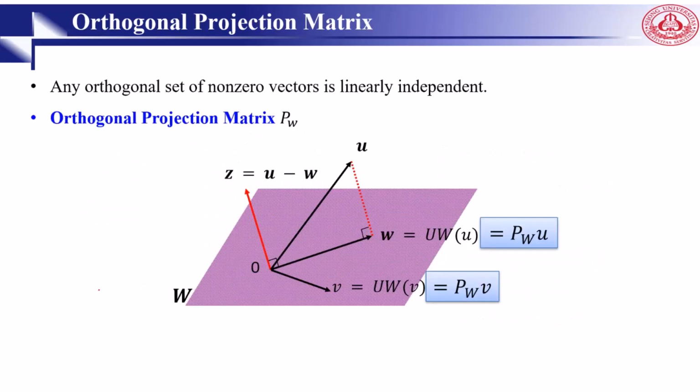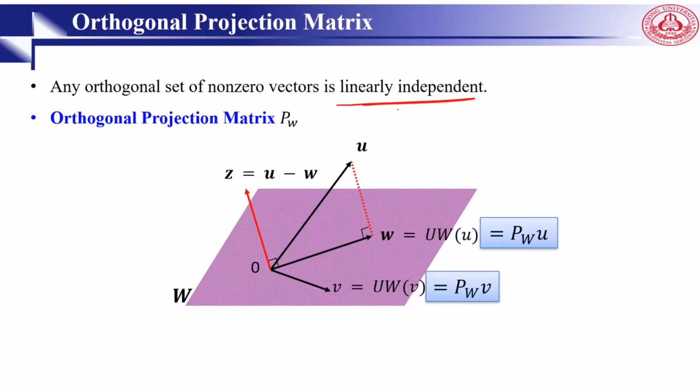Any orthogonal set of non-zero vectors is linearly independent. This means that if we have a set of vectors and each vector in the set is orthogonal to every other vector, then the set is guaranteed to be linearly independent. This is the conclusion. The proof is based on the fact that if vectors are orthogonal, their dot product is equal to 0, as you already know.